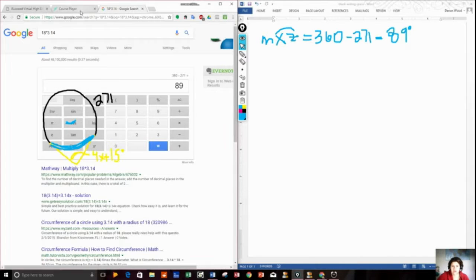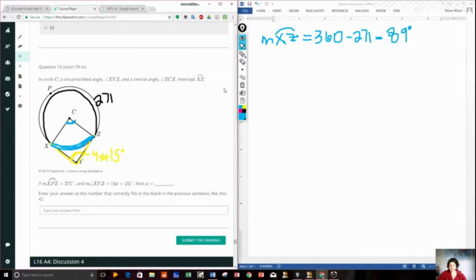Okay, and then from that, I know that in a quadrilateral, angle C and angle XYZ are going to be supplementary, so they're going to add up to 180 degrees.